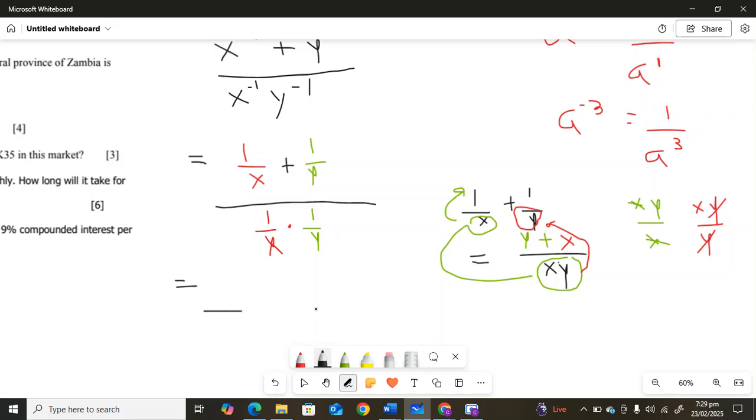So here on our expression, we're going to write y plus x over xy. Are we okay with that?